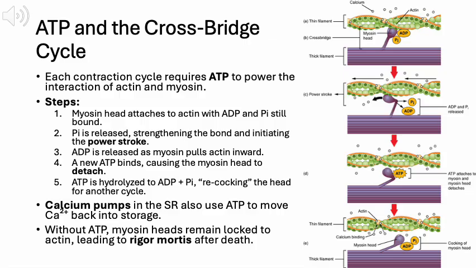Hydrolysis of ATP resets the head to its cocked position for another cycle. This cycle repeats rapidly, driving contraction. ATP is also needed for calcium pumps to return ions to the sarcoplasmic reticulum. Without ATP, the cycle halts, and myosin cannot detach from actin, producing the stiffness of rigor mortis after death.